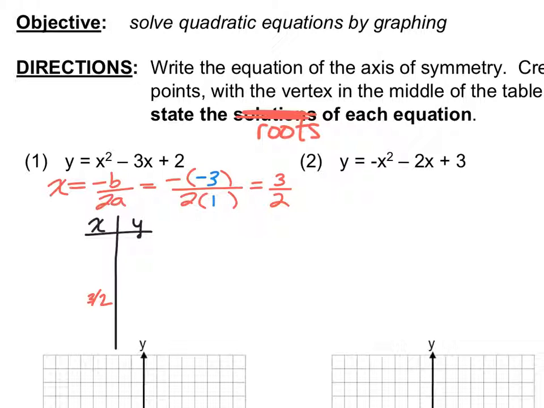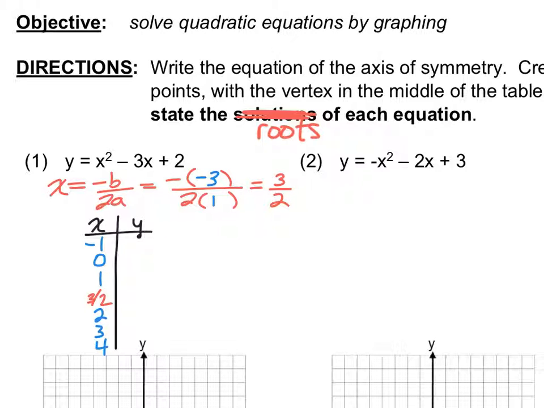But that also tells me a little something about you. What is the nearest whole number less than 3/2? 1. What about less than 1? 0. Less than 0? Negative 1. Okay. Now going the other way: 2, 3, and 4.